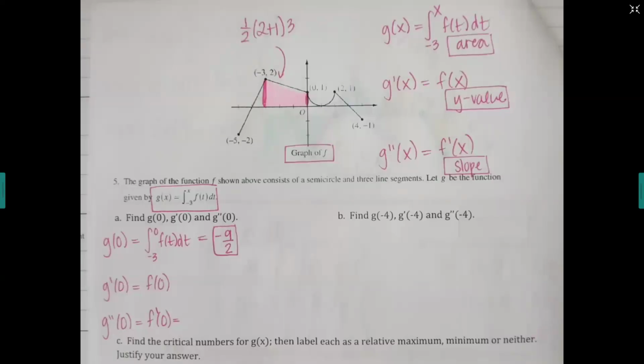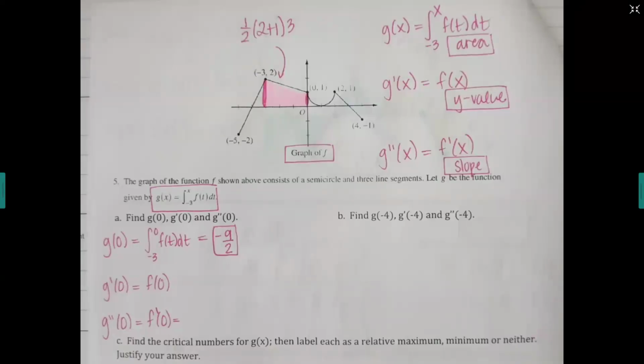Okay, next you want G double prime of 0, which means you want F prime. And F prime is what feature in the graph? Yeah. The slope, and are you allowed to take the slope at a little bit?